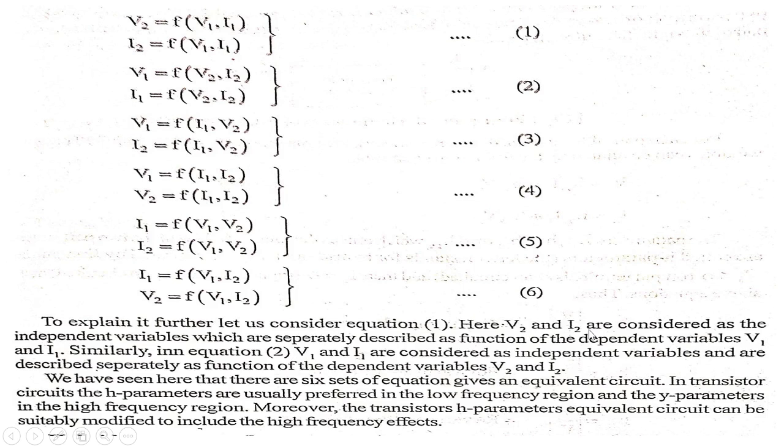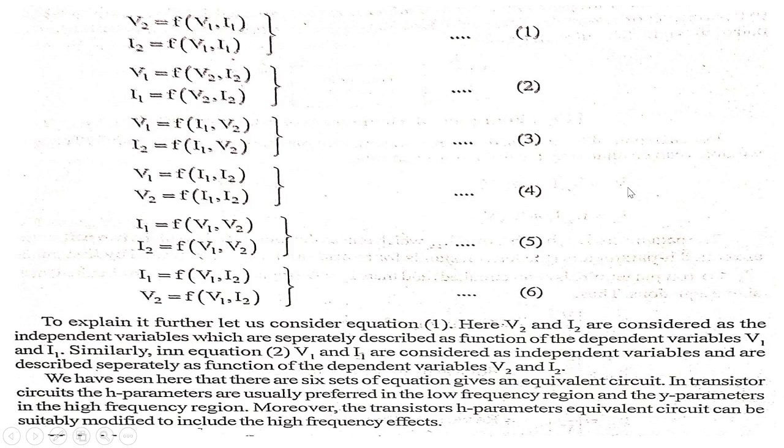Here V2 and I2 are considered as the independent variables, which are separately described as functions of the dependent variables V1 and I1. Similarly, in equation 2, V1 is a function of V2, I2 and I1 is a function of V2, I2.